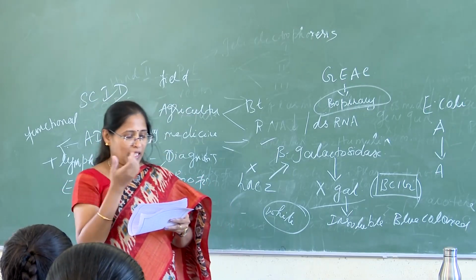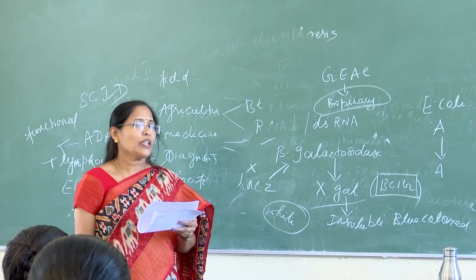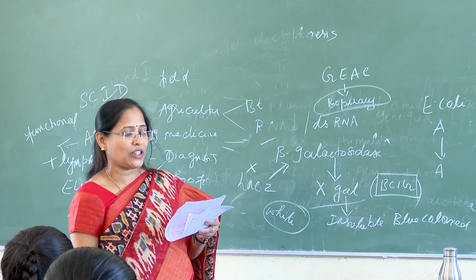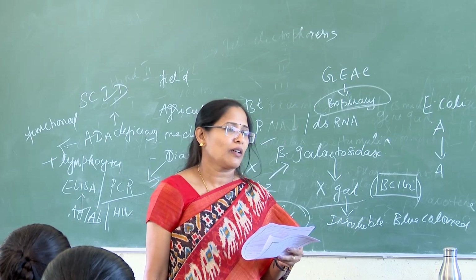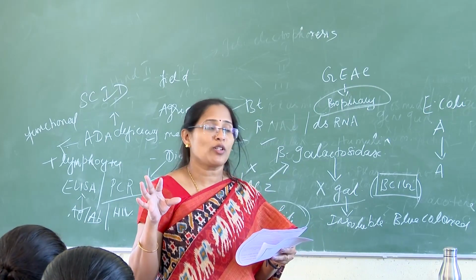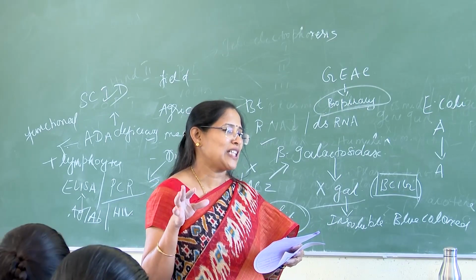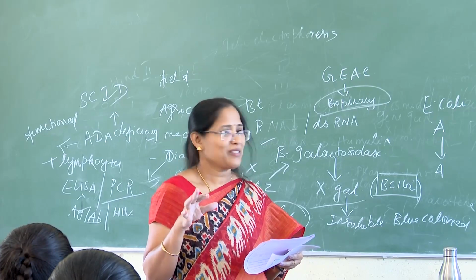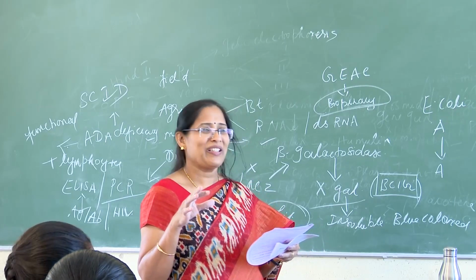Okay. Next, during the purification process of recombinant DNA technology, addition of chilled ethanol precipitates out. There should be no doubt in it because it's a practical. We have done it. We have seen DNA, yes or no?